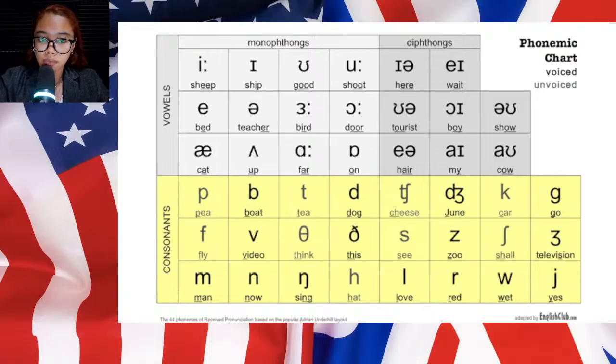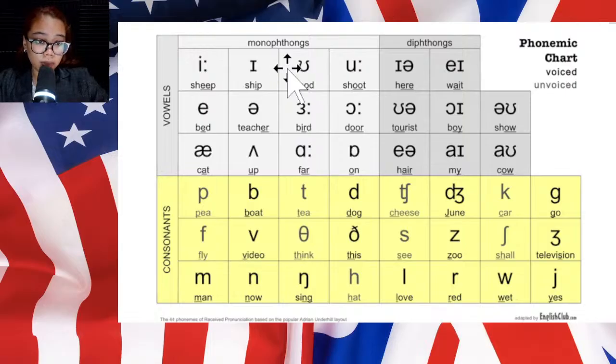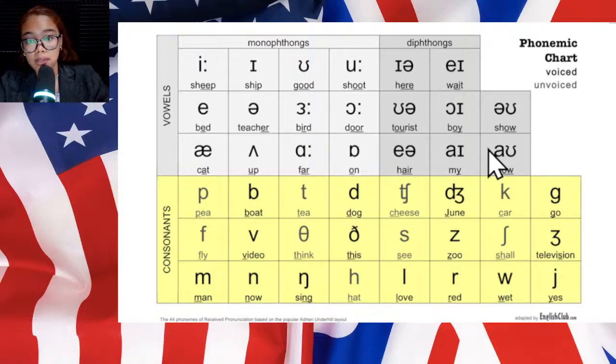Each symbol represents each sound in the English language. So one symbol represents only one single sound. You see there are vowel sounds.